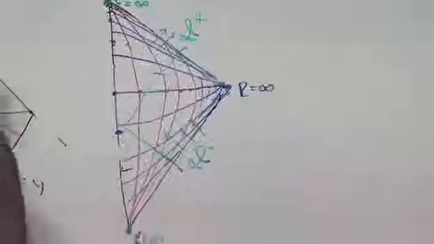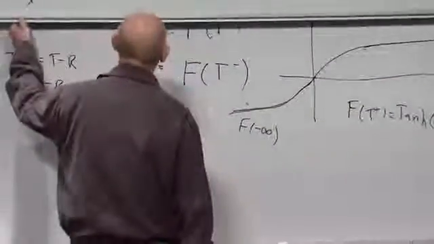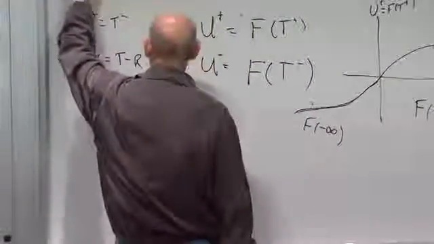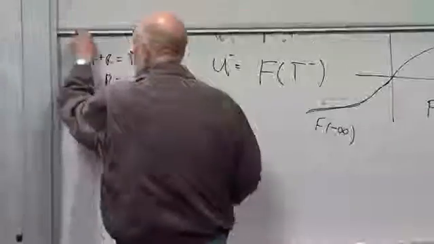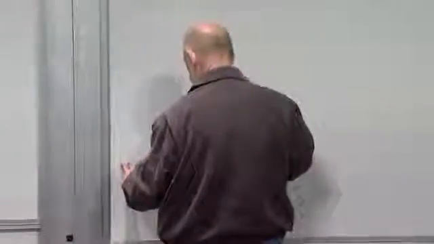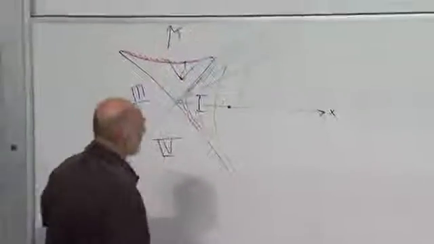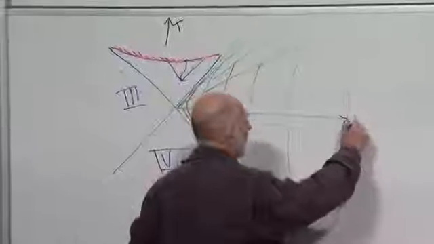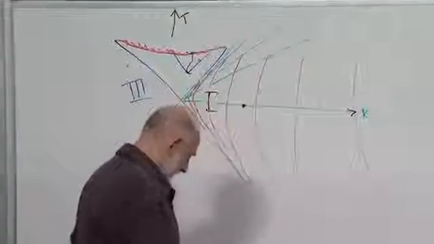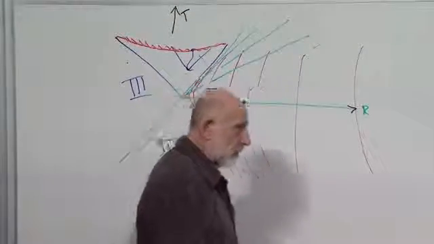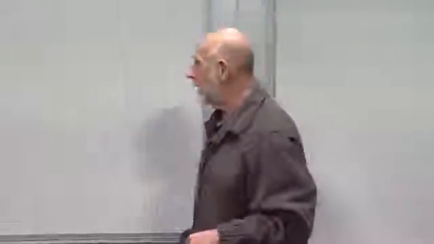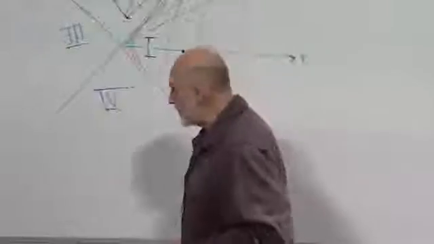Now, what about the black hole? The Schwarzschild black hole, what does that look like? We can do exactly the same thing. Take this whole diagram, the original Kruskal coordinates, which I guess we can call capital R. We can again introduce light-like coordinates, t plus r and t minus r, and do exactly the same operation.